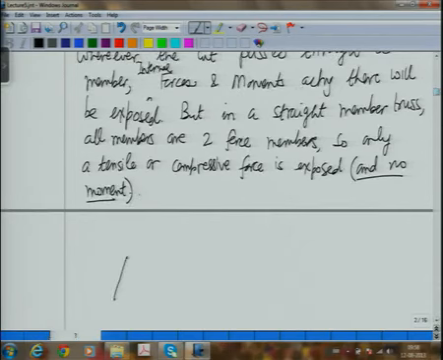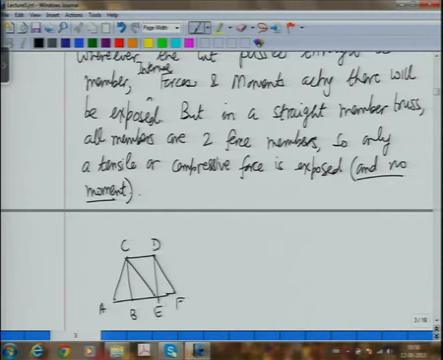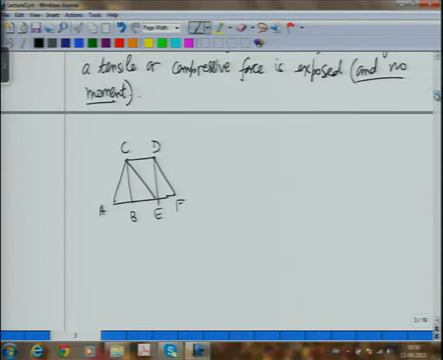So, therefore, when I cut, for example, let us just see this truss which we had solved for. This was a truss which we have done just now.